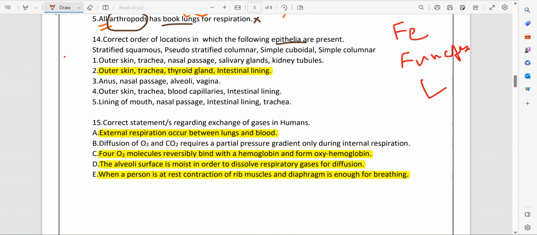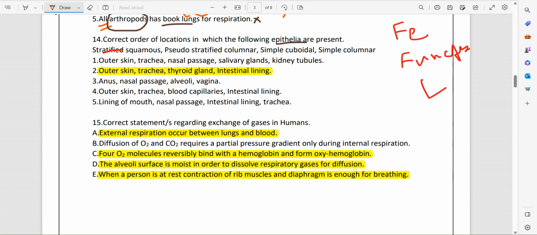And finally we have stratified squamous as a compound epithelium. Simple means having a single cell layer, compound means having more than one layer. So stratified squamous is a compound epithelium present in outer skin, anus, vagina, and lining of the mouth.